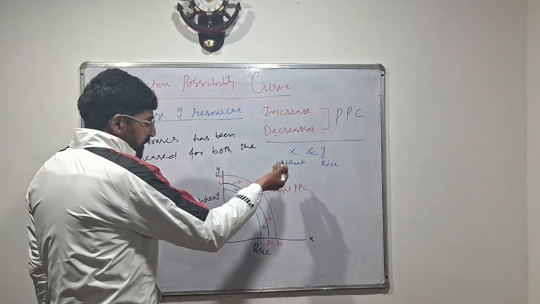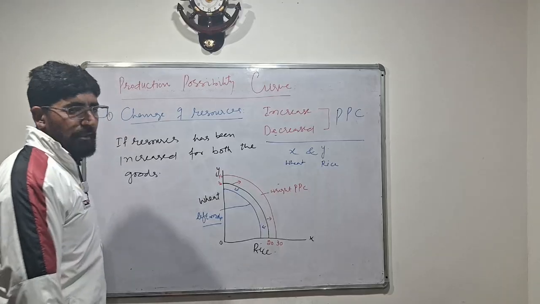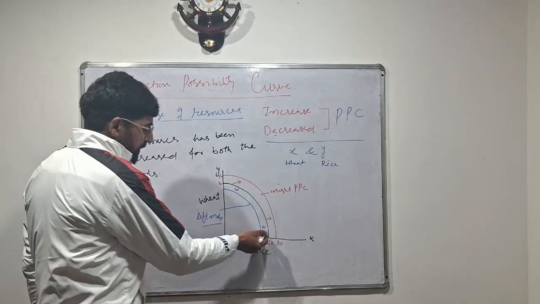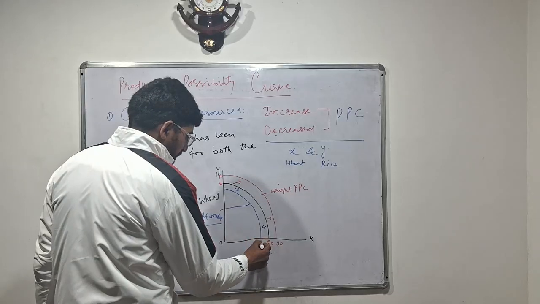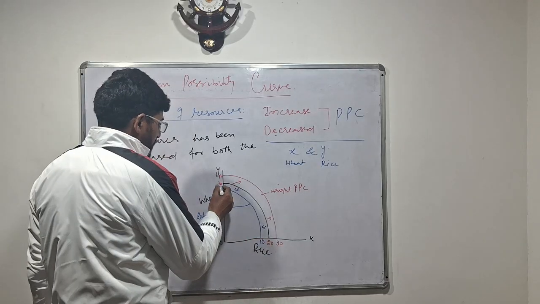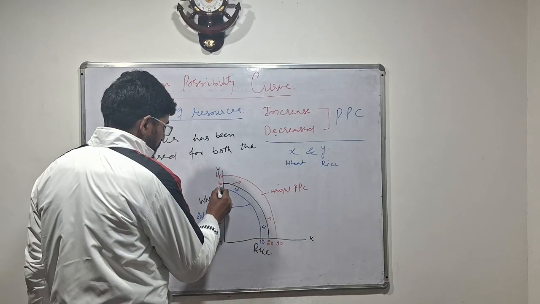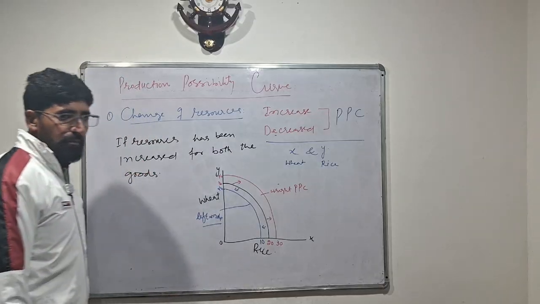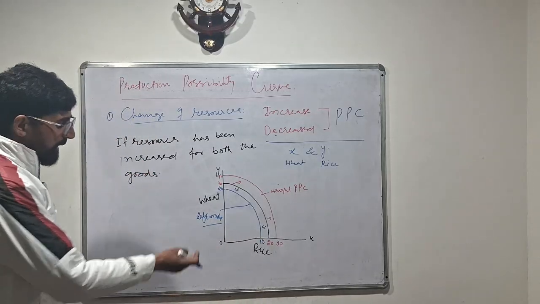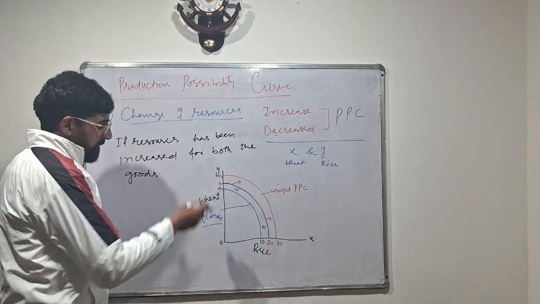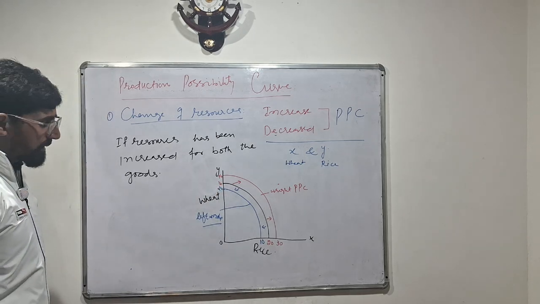But when resources are decreased for both wheat and rice, then this curve will shift leftwards. For example, 20 to 10, here it will be 30 to 20. On both axes, resources have declined for rice, and similarly for wheat.